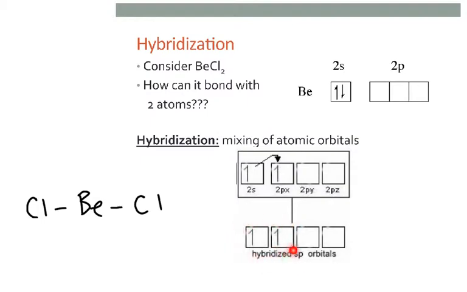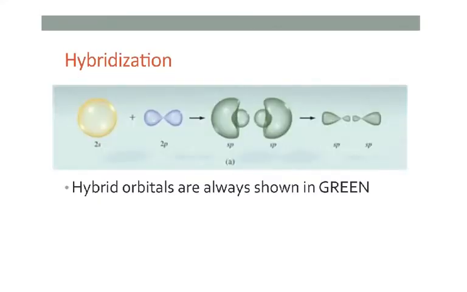Since these orbitals were mixed using the s and one of the p orbitals, that is why it's called an sp hybridized orbital. To look at it from a color scheme perspective, you recall that the s orbitals were always yellow, and the p orbitals were always that bluish purple color.